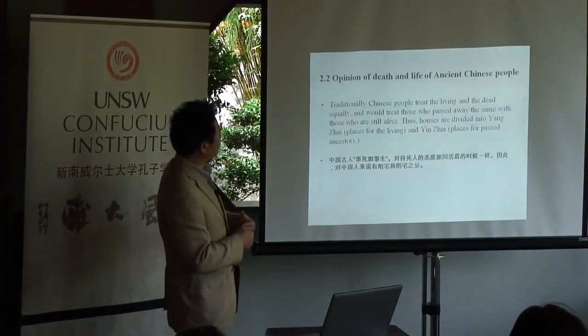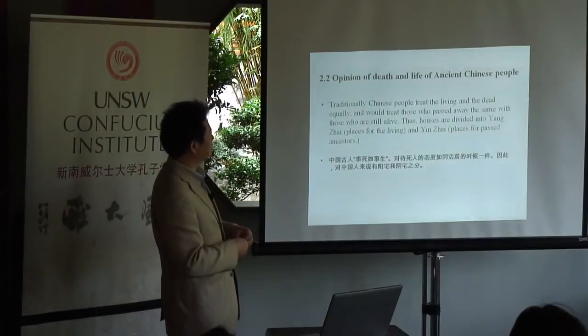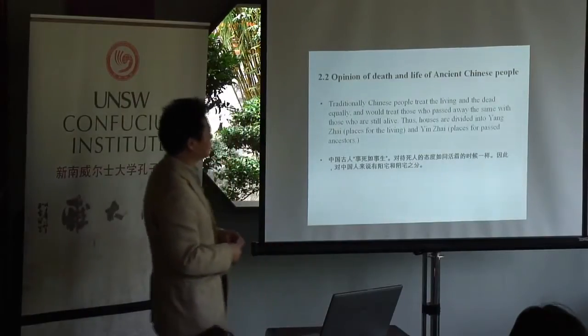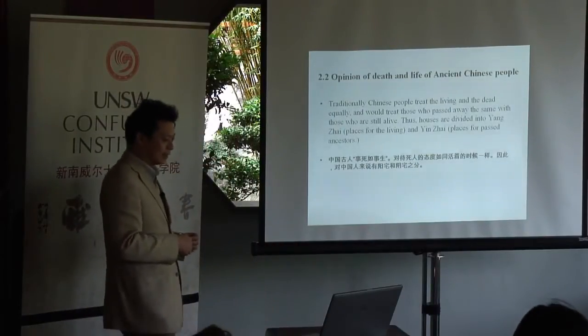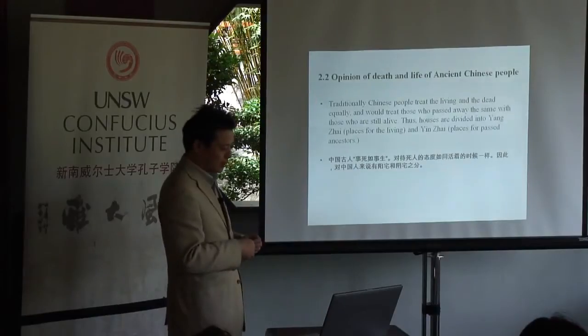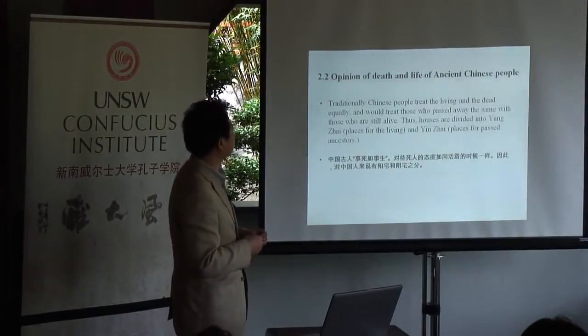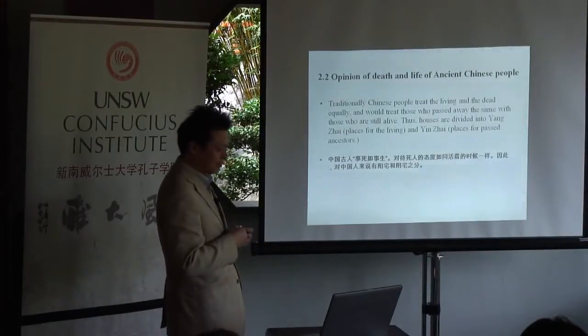It influences the life of Chinese people. Traditional Chinese people treat the living and the dead equally, and they would treat those who passed away the same as those who are still alive.